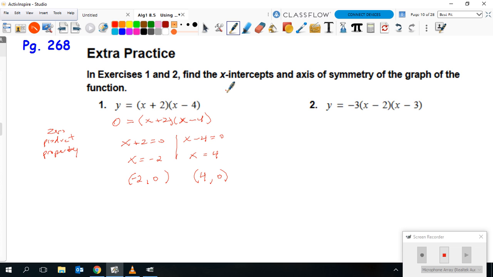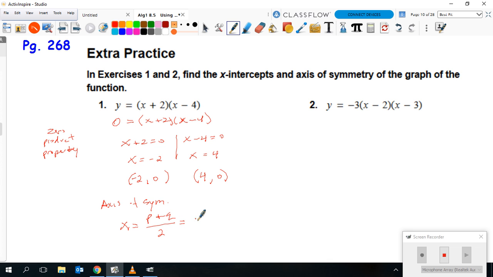And then as far as the axis of symmetry goes, we're going to take these two numbers here. So x is equal to, remember it's p plus q over 2. P and q are the two x-intercepts. It doesn't matter which one is which here.